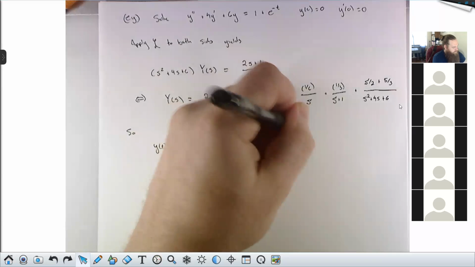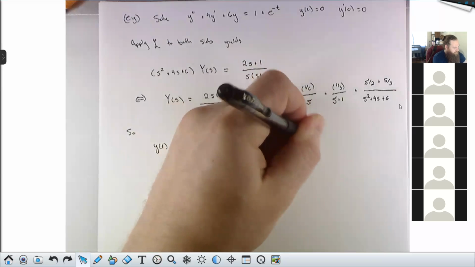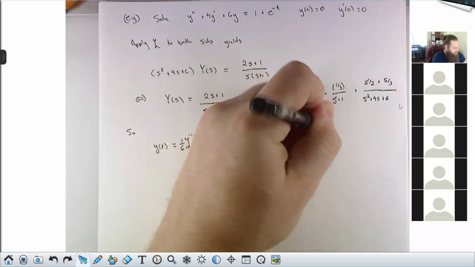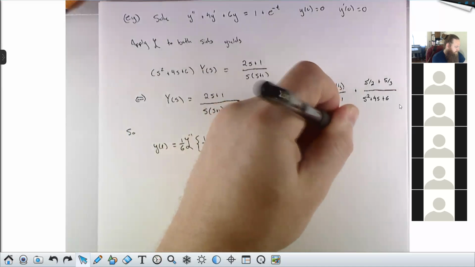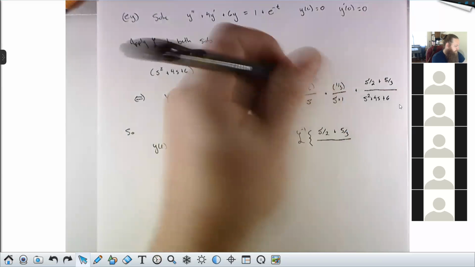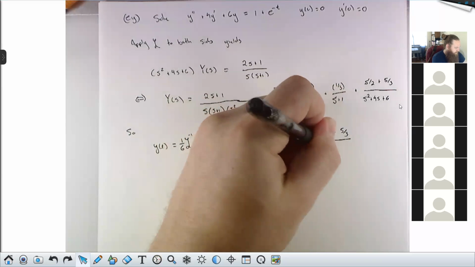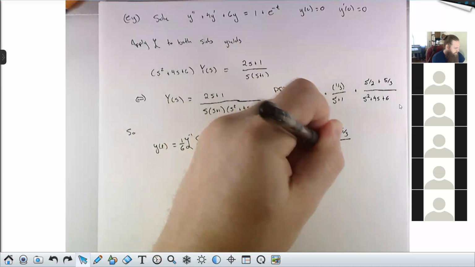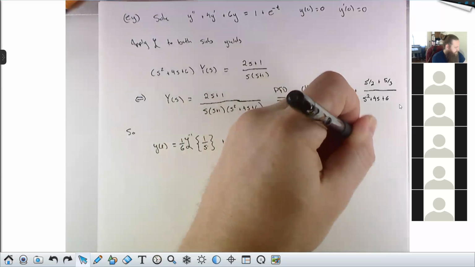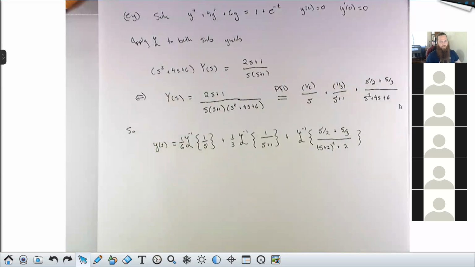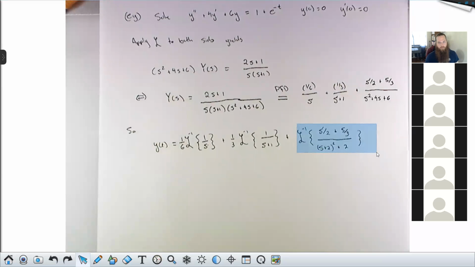And then I'll just write this as the inverse Laplace transform of what it is, (s over 2 plus 1/3) divided by, remember how we did this? We rewrote the bottom as s plus 2 squared plus 2. So that far right term is one that we calculated earlier as an example. These two we still need to do.